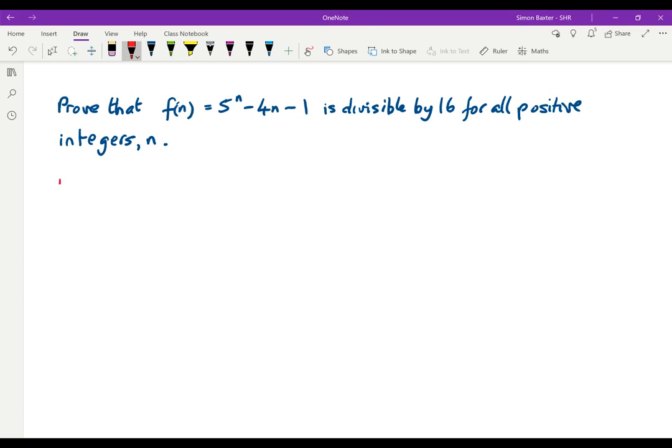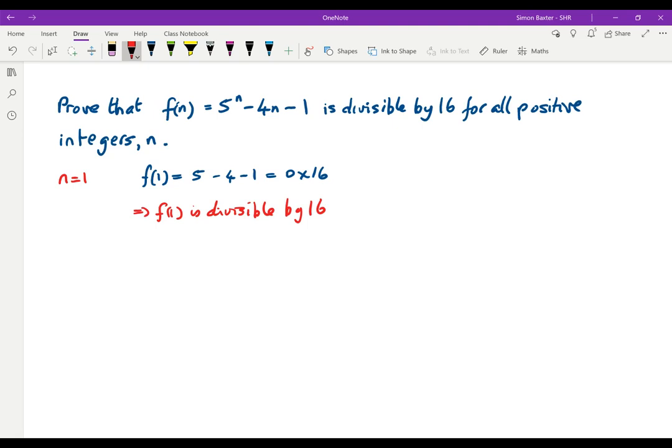So we start off with n equals 1. N equals 1, f1 is equal to 5 minus 4 minus 1, which is 0 times 16, and that tells us that f1 is divisible by 16.